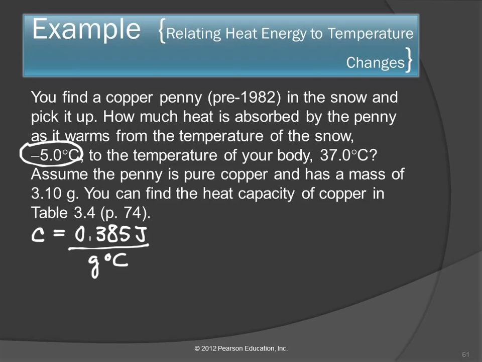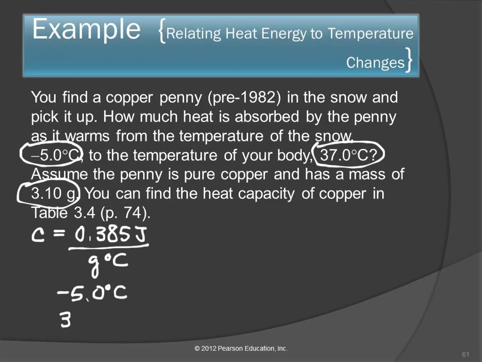Let's go and identify these other numbers we have in here, though. Here's a temperature, minus 5. And here's another temperature, 37. And then here's another number, 3.10. So, fine, let's write those things down. We've got minus 5.0 degrees Celsius.